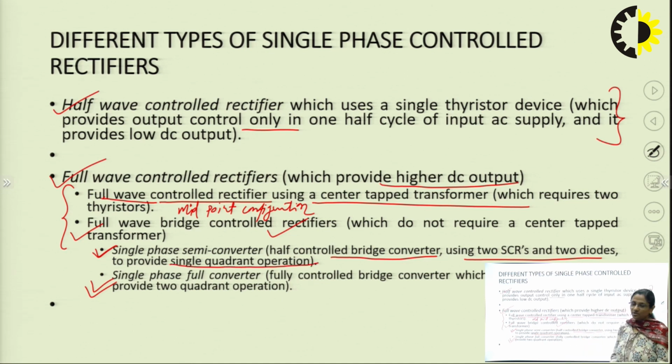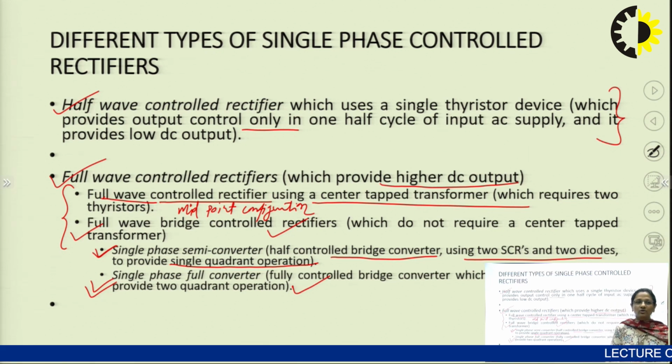The single phase semi converter, or half controlled converter, provides operation in single quadrant only. Likewise, we have the single phase full converter. It is the fully controlled converter, and it is capable of providing two quadrant operation. We will discuss the quadrants as well as the operating quadrants of various converters later.